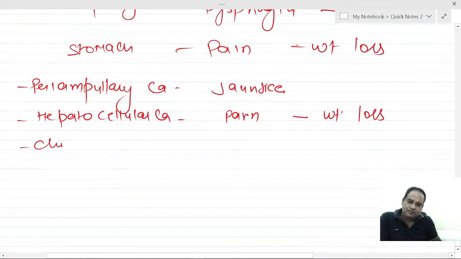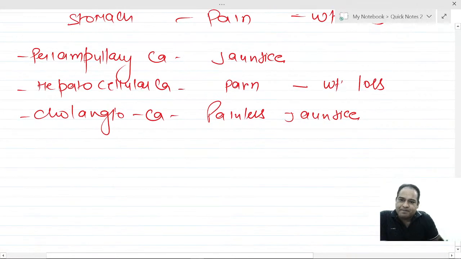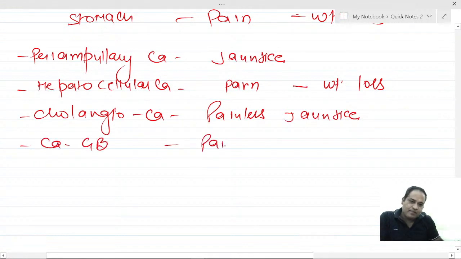In cholangiocarcinoma, painless jaundice. In carcinoma gallbladder, pain, colicky pain.